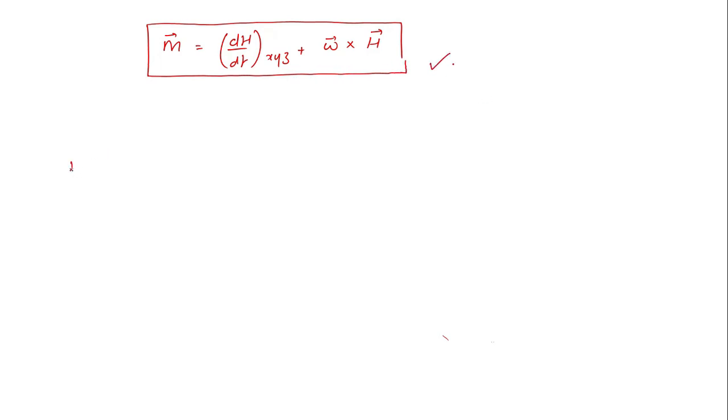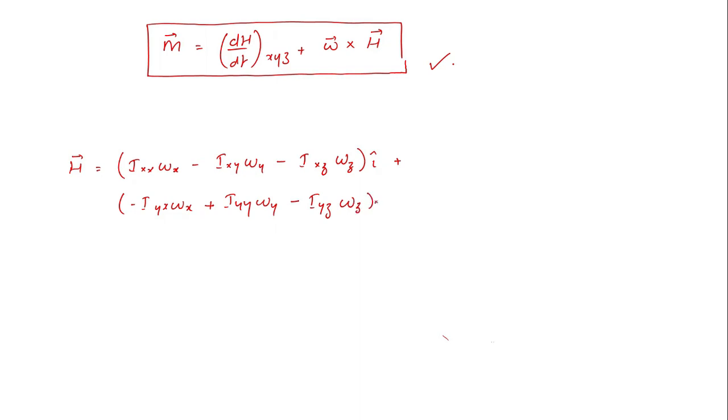Now I know that H vector is equal to Ixx into omega x minus Ixy into omega y minus Ixz into omega z, this into i cap, plus minus Iyx into omega x plus Iyy into omega y minus Iyz into omega z into j cap, plus minus Izx into omega x minus Izy into omega y plus Izz into omega z into k cap.